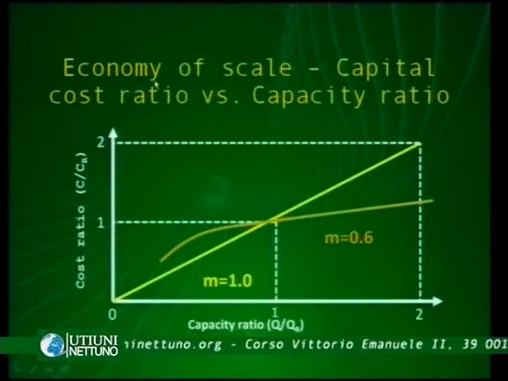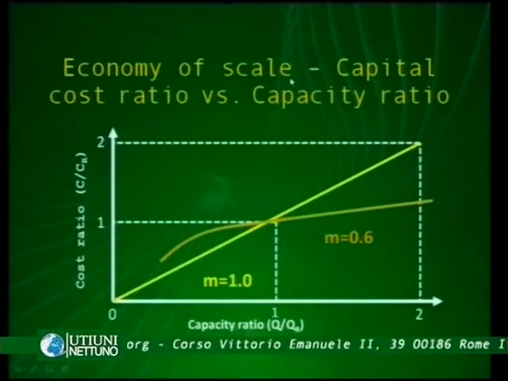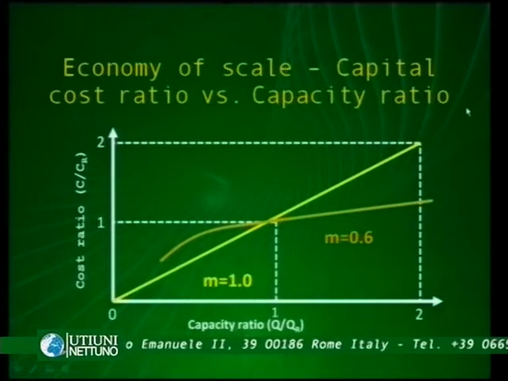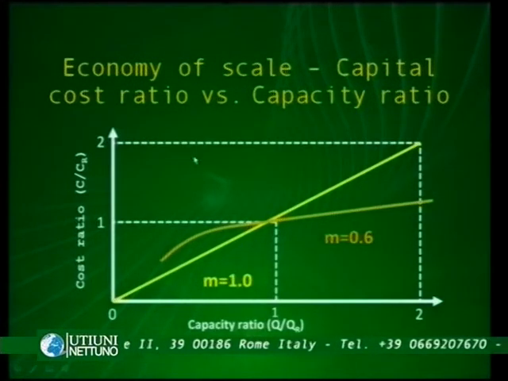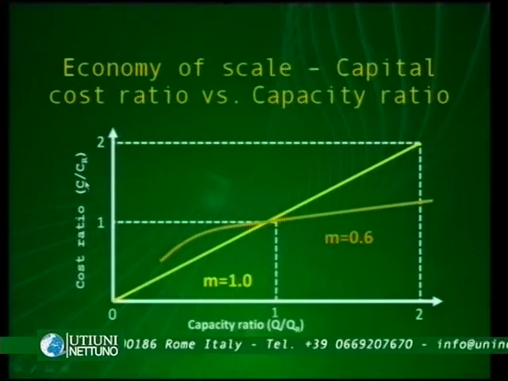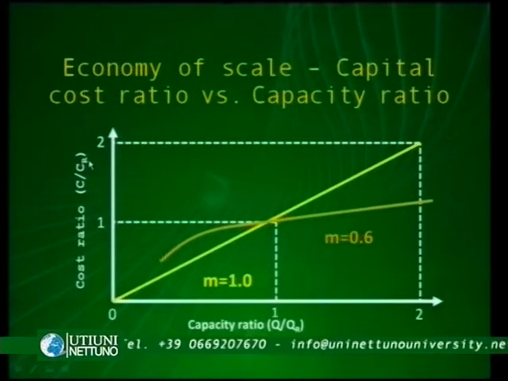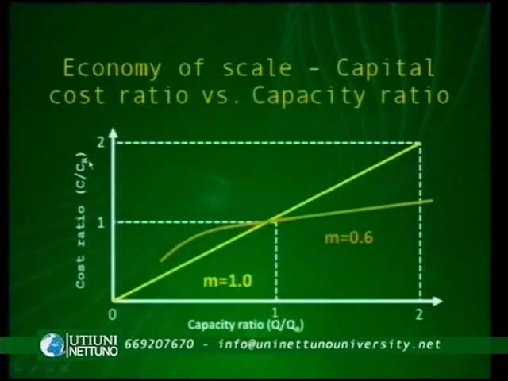One way of depicting such a situation is to consider the idea of economy of scale by considering capital cost ratio versus capacity ratio. Here we have the cost ratio, C divided by CR, which is the first part of the equation that we just saw.